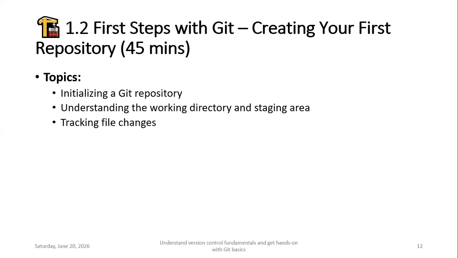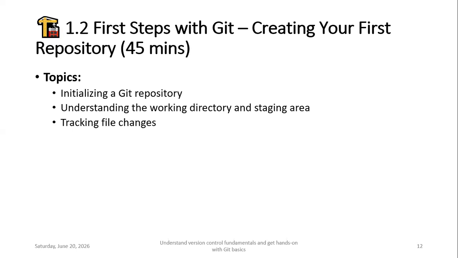Now, after you have successfully installed Git onto your computer, you now want to start tracking your projects. How are you going to do that? So this second session is specifically designed to help you understand how you can manipulate your working directory so that your project will be able to track files and then control your file versions.